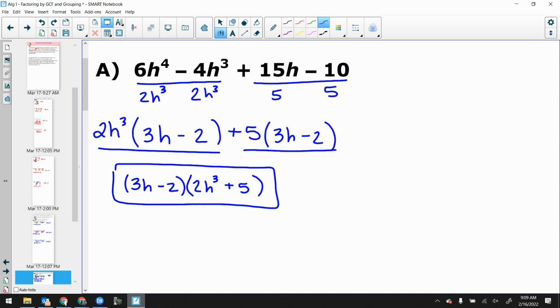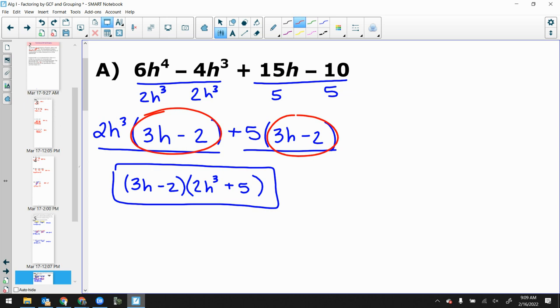Now, here's what I will say. Everybody look at me real quick. If this does not happen, you notice how they were both the same thing there? If those were different, then it would turn into example D on the front, prime.